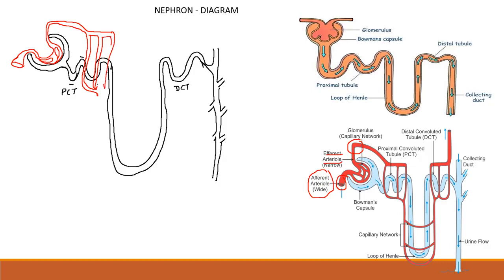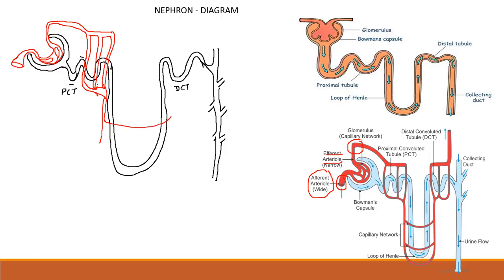So these nephrons are entangled with these arterioles, so that there can be a reabsorption of water and salt, right?